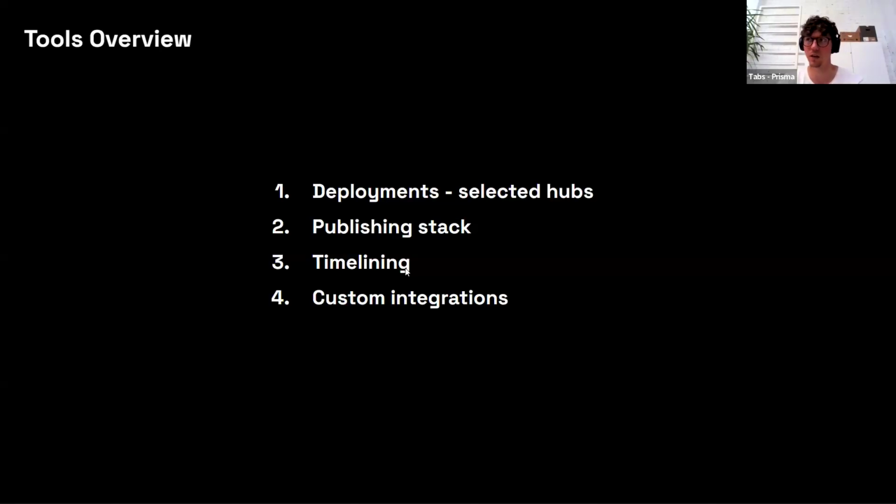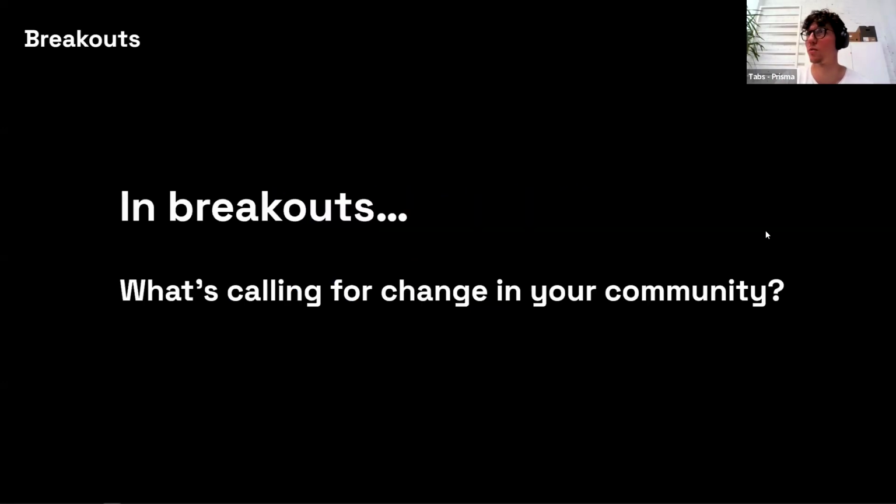Timelining is something that we'll detail further in the future, and custom integrations are what you could build and plug into this to communicate your work. You can think of the publishing stack as creating an environment where you can communicate the work from multiple different perspectives. We'll go into the details later, but think of it as an ongoing story-making process, driven by your participation. So that's why we mentioned it's super important at the beginning.